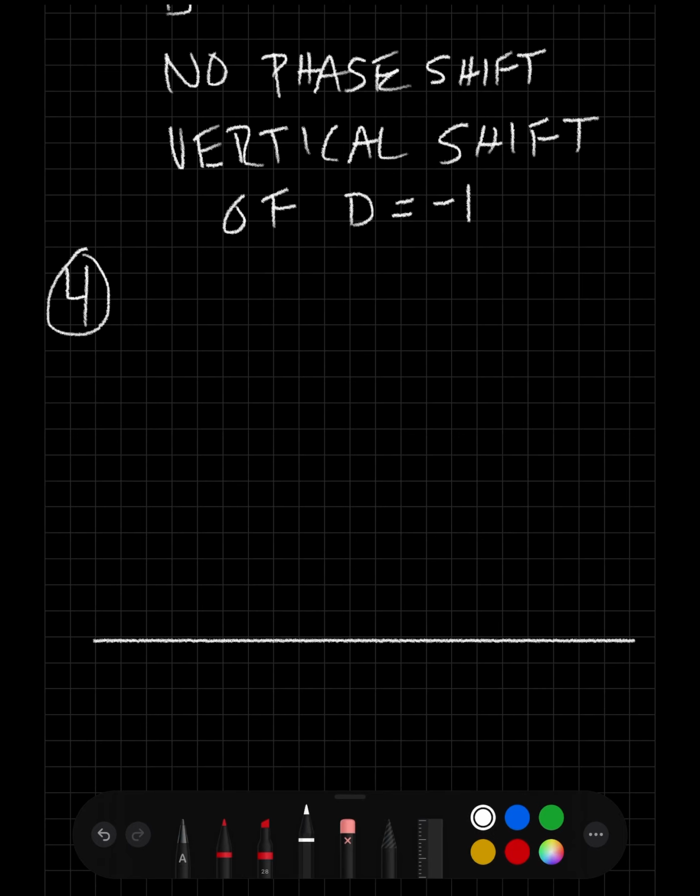So I know that it's going to take me 1 whole pi to graph. So I'm going to look at this as pi over 4, and this as pi over 2, and this I'll make 3 pi over 4, and this here I will make pi.